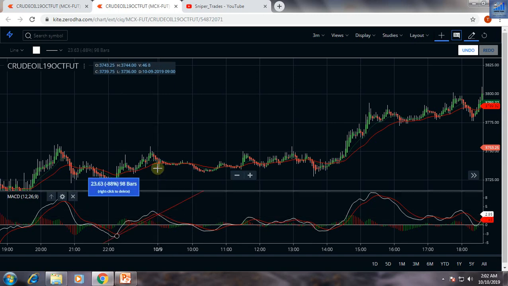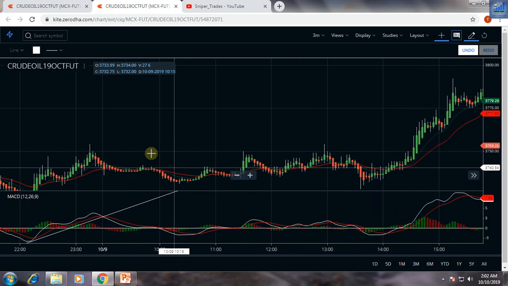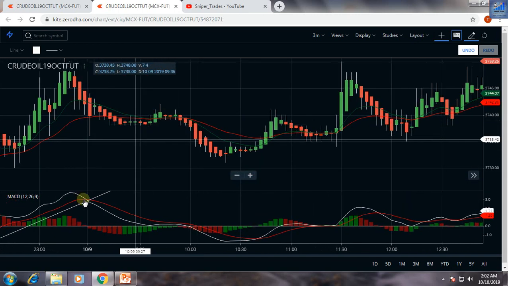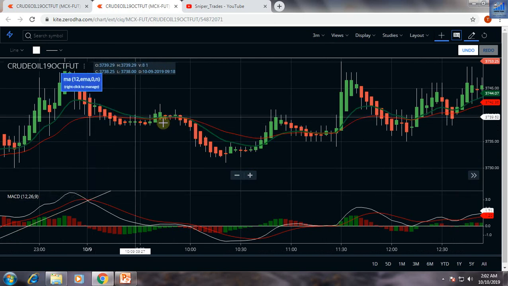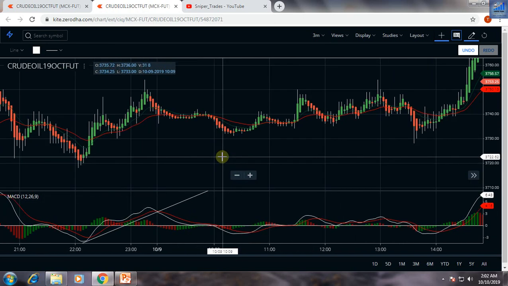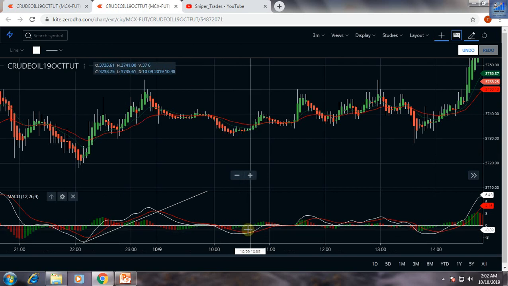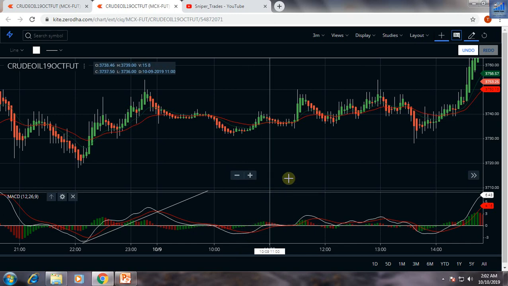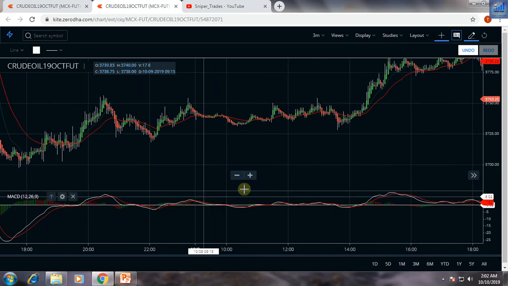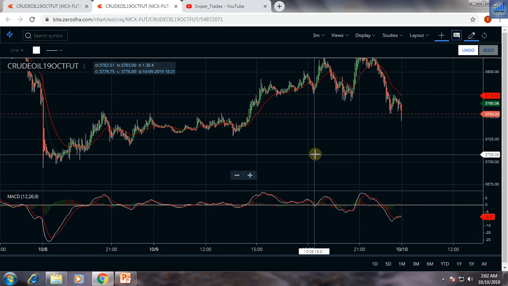See, after this crossover, the price is moving continuously downwards, and whenever this MACD line is giving us a long or buy signal here, we can consider exiting our position or trailing our position or whatever you wish.